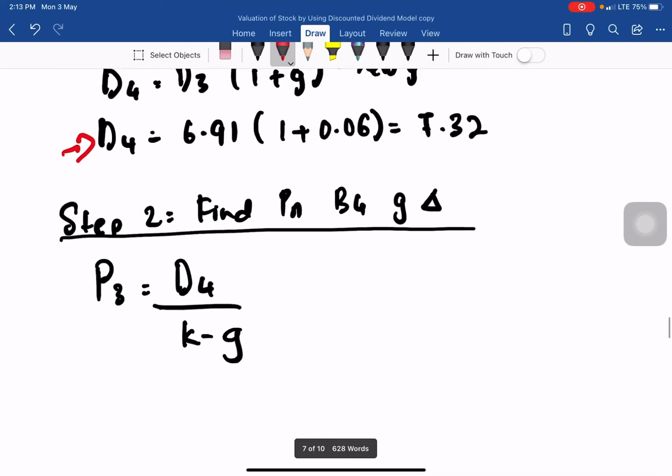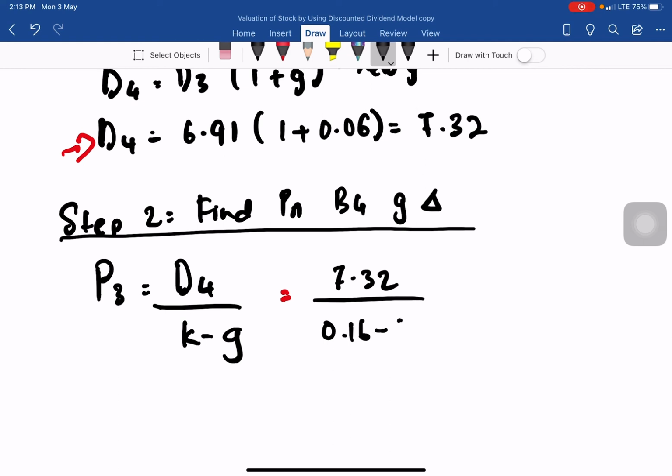Okay, next, so D4 kita dah kira tadi dapat RM7.32 over K. Okay, K given 16% or 0.16 minus G 0.06. So ini pun the new G lah. New G. Okay, new G. So you akan dapat the P3 is equal to RM73.20.